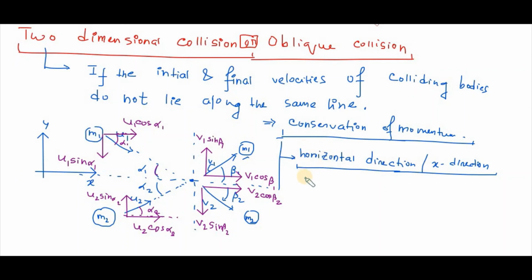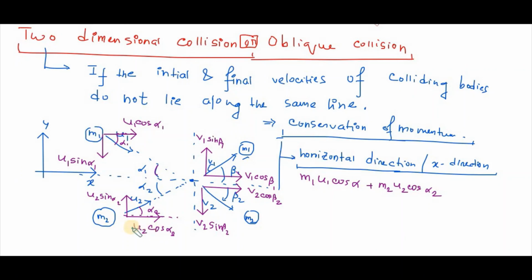Now along the horizontal or x direction, if we apply the conservation of momentum, the total momentum before the collision along the horizontal direction is m1 times the horizontal velocity component of the first object, u1 cos alpha 1, plus the mass of the second object times the velocity component along the horizontal direction, u2 cos alpha 2.